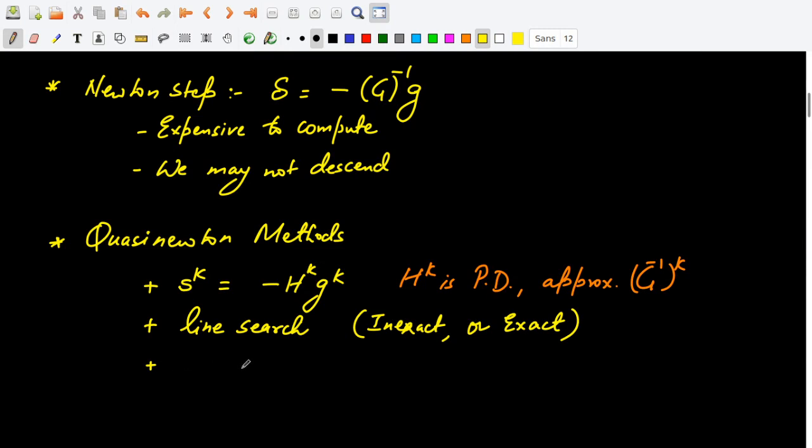And the last step is to update Hk. So Hk plus 1 is equal to Hk plus something.